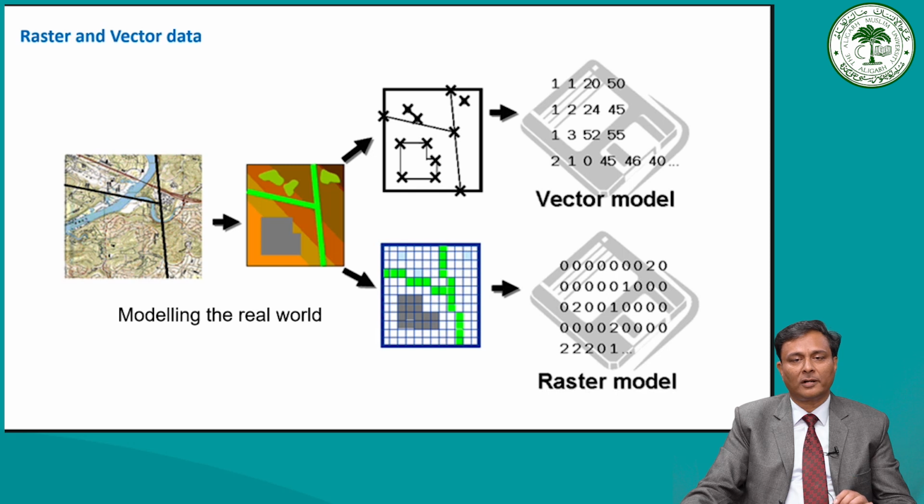The spatial modeling helps a computer system show the geographic features in reality through graphics, as shown here. So vector is created using lines, and raster looks like a grid, as you can see in this particular image.